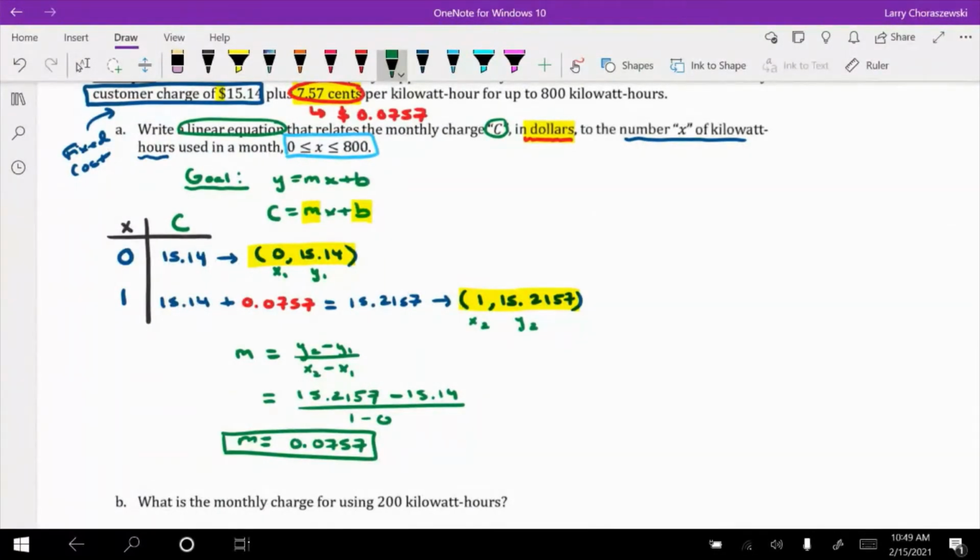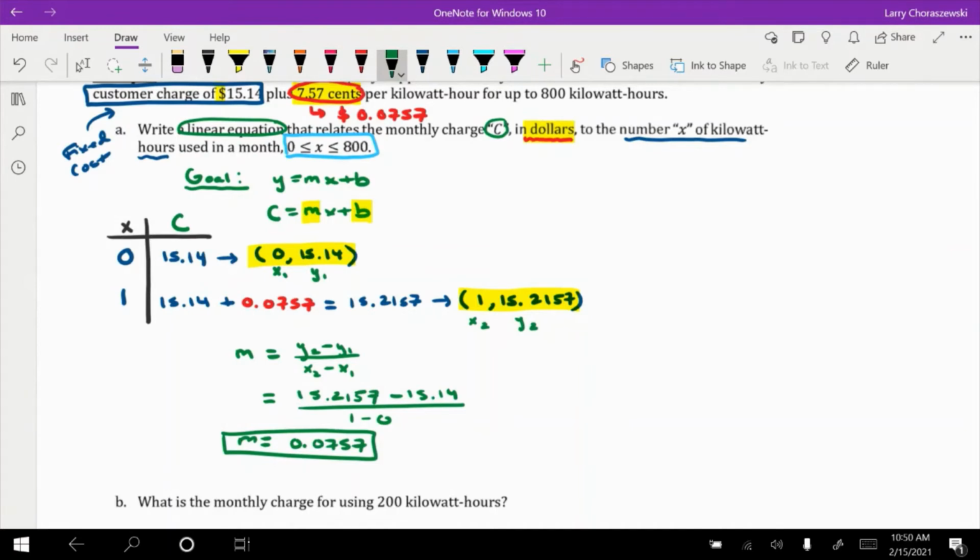So you might be wondering, why did we bother with the table? Well, the slope won't always be provided to us right off the bat, as you'll see in the next problem when we take care of that on Wednesday. So I always show a table approach just in case the slope isn't given right off the bat.